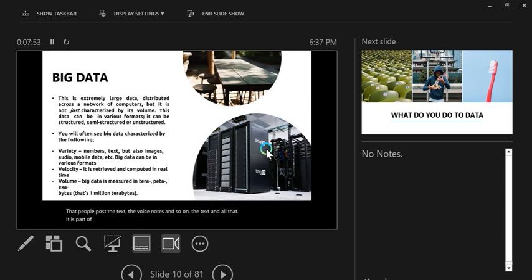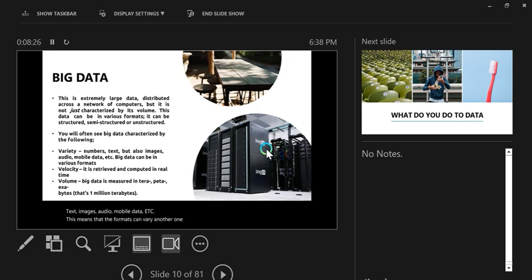But we have other characteristics of big data, or the non-traditional data. One is variety. Variety means that it can be in the form of numbers, text, images, audio, mobile data, etc. This means that the formats can vary. Another one is velocity.